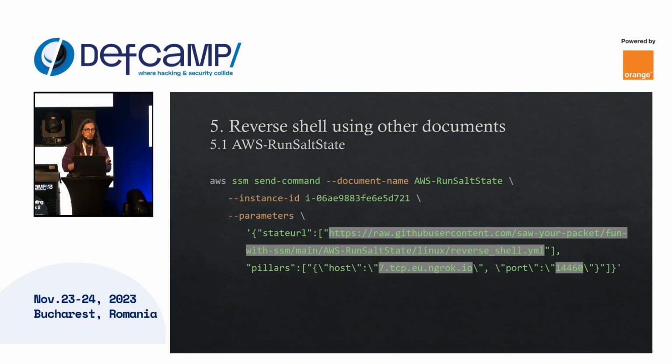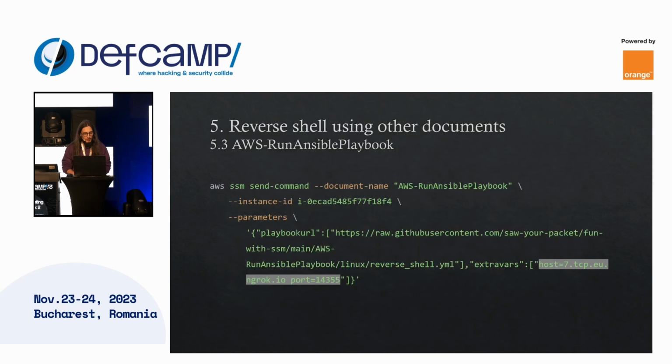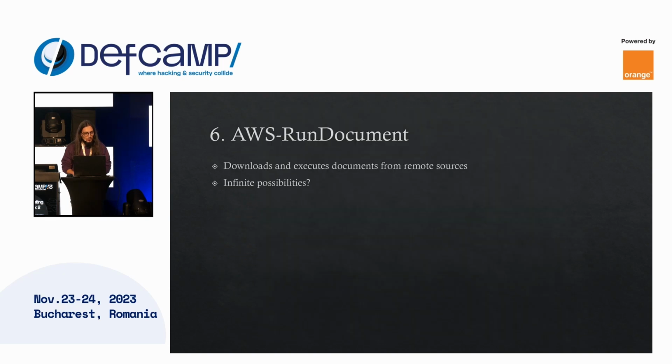By the way, I will leave you the link to my repository where I have these payloads, and there's also a link on securitycafe.ro where I detail this further. I will move through these slides until the last document. Yeah, sorry about that, but you can check them later.